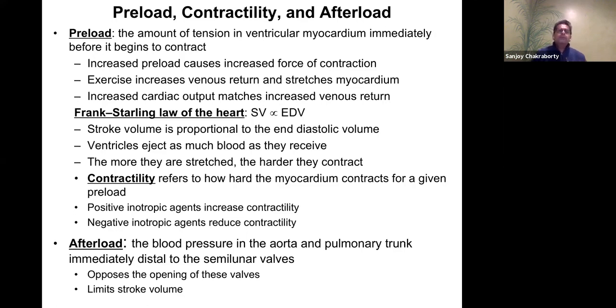Now, what is preload? In order to understand preload, let's talk about an elastic band. Elastic, we know, has the ability to come back to its original position.